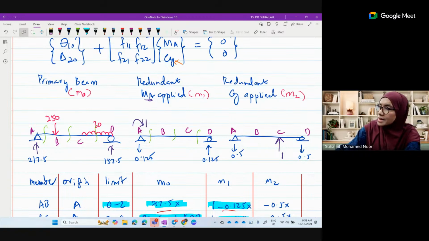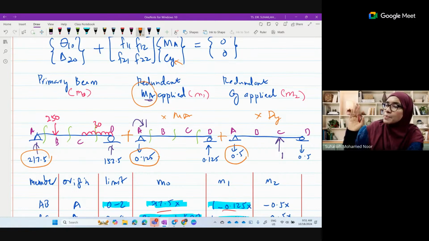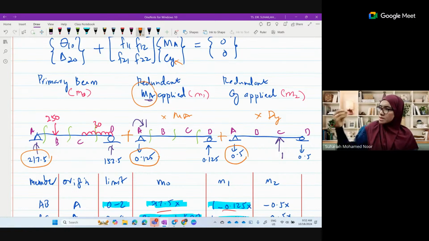We already have AY and DY. So remember, the redundant must be multiplied back with the value we already obtained. What I wrote earlier was multiplied by MA, and this one is 1 times DY. So to calculate AY, it is 217.5 plus negative 0.125 times MA plus negative 0.5 times DY. Follow the principle of superposition. In a redundant system, we multiply back with the redundant.